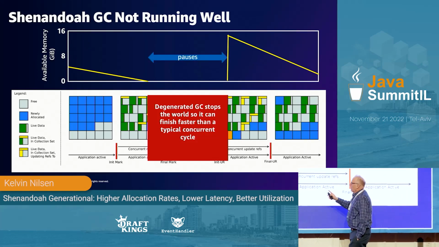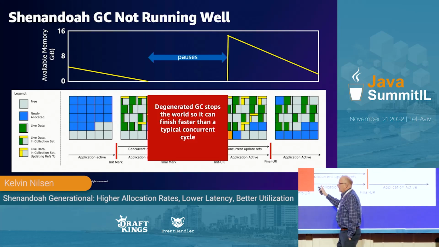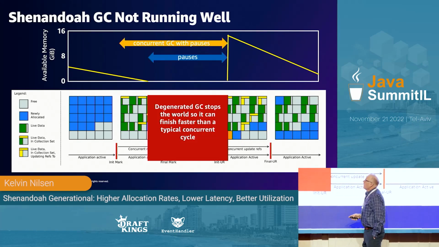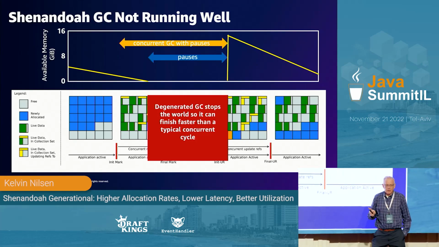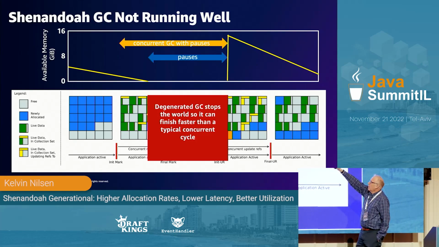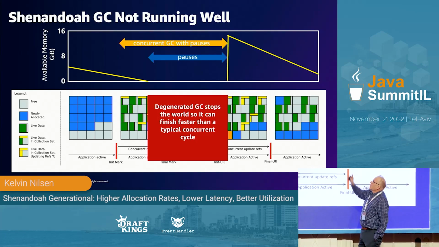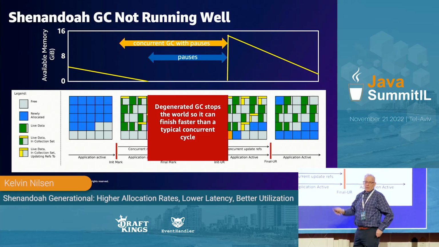So if we want to analyze this and represent it with metrics, we say this is a very long pause during our execution. On the next chart that you're about to see, we distinguish the pause times from the concurrent garbage collection times with pauses. And in the ideal, we have lots of concurrent GC times and no pauses.